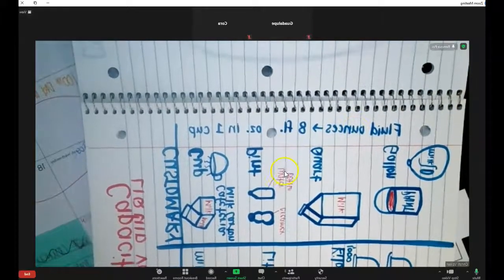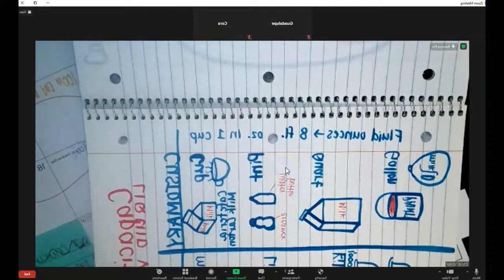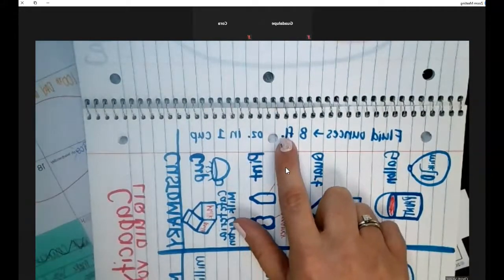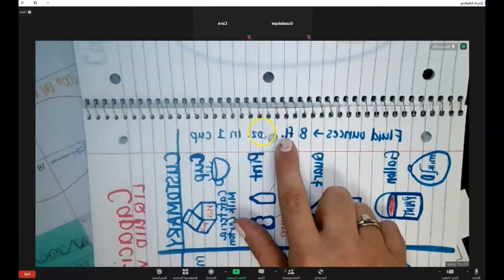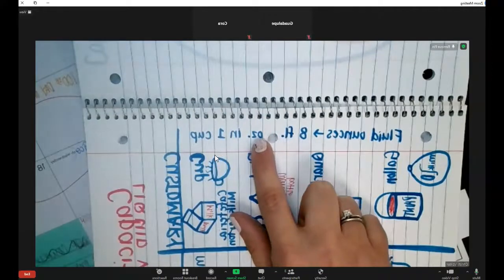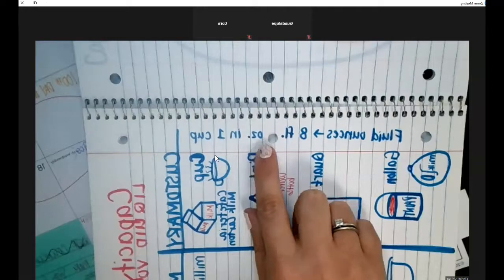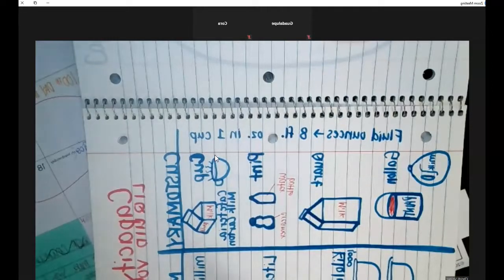FL stands for fluid, and OZ stands for ounces. Okay, so I'll give you a second to write that down and then find the correct page if you're still looking in your notebook.